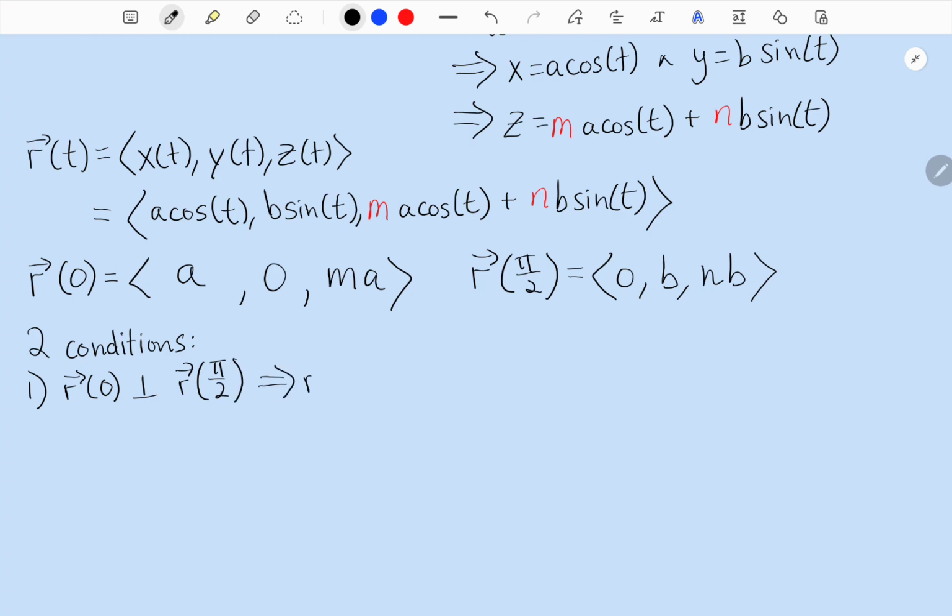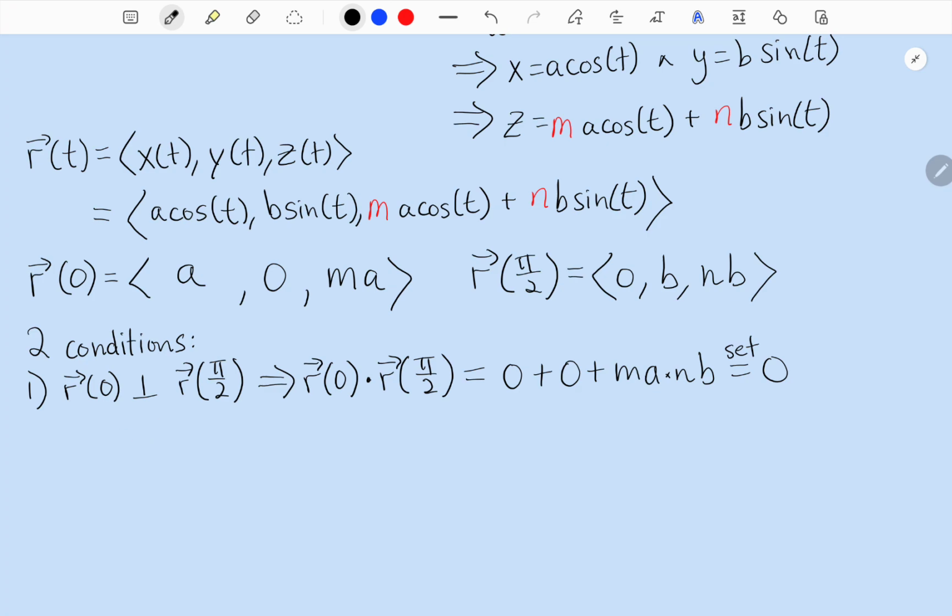It means that their dot product is equal to 0. So what is their dot product though? It's a times 0 is 0, 0 times b is 0, and then ma times nb, and we set that equal to 0 because of this orthogonality condition.